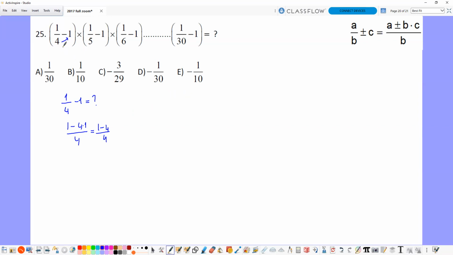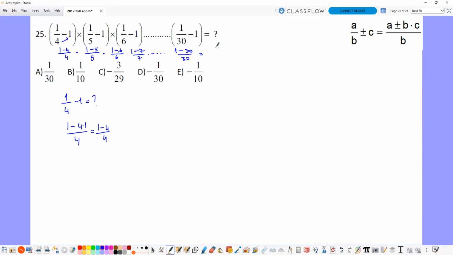If I apply the same thing to all of them, this is going to be equal to 1 minus 4 divided by 4 times 1 minus 5 divided by 5, times 1 minus 6 divided by 6, times 1 minus 7 divided by 7. It's going to continue like that, till 1 minus 30 divided by 30.